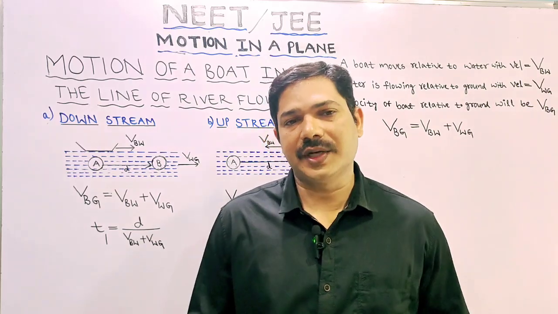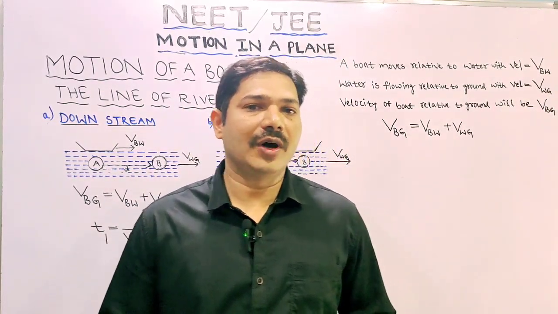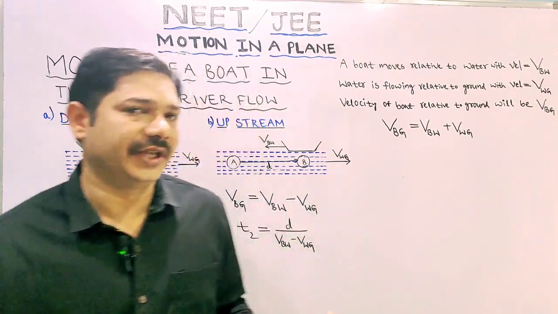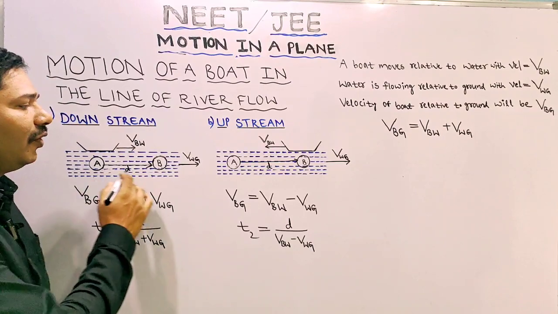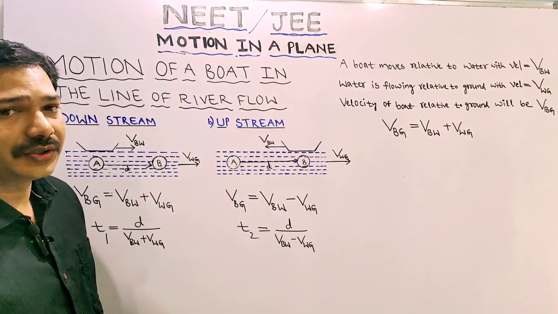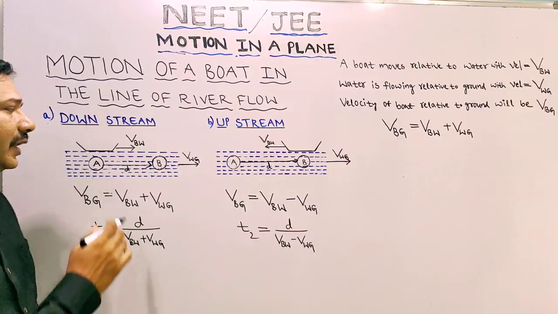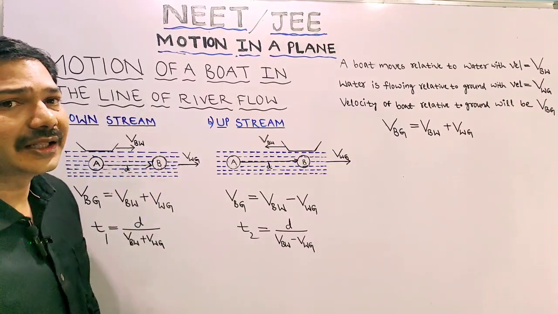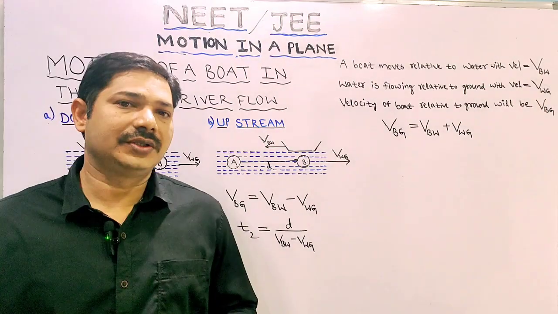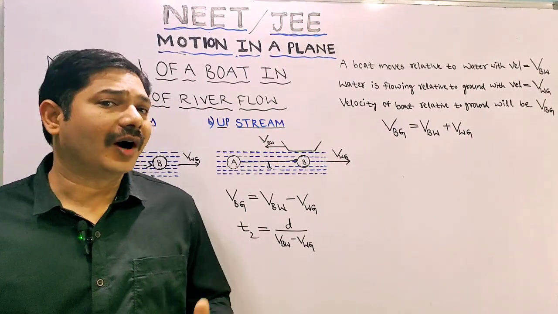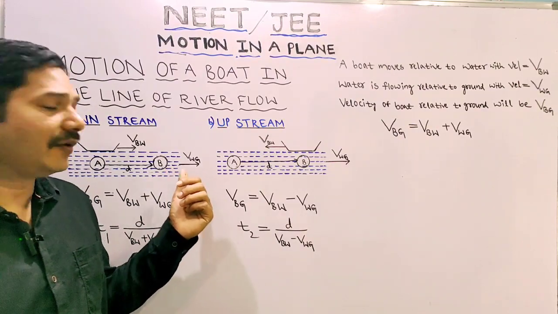Upstream, what does it mean? For example, there is the flow of a river, so there is one direction of flow of water. I'm showing it in detail on screen. In the river water, there is one boat. The boat is also moving along the same direction, along the flow of water.